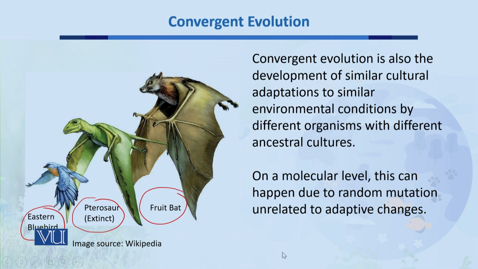All three of them have or had the ability to fly, and they developed wing-like structures, but none of their ancestors had these structures. They developed them due to certain molecular changes or mutations which occurred independently in these groups.